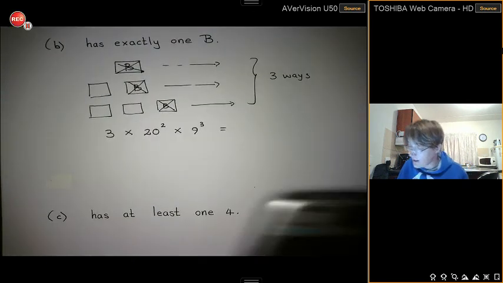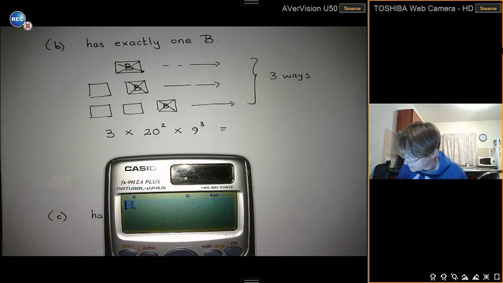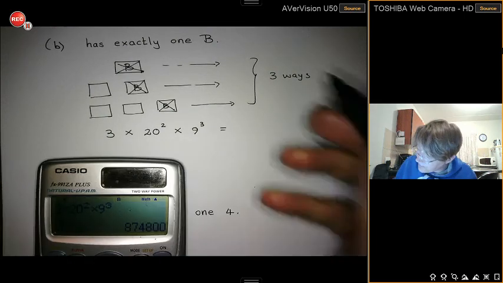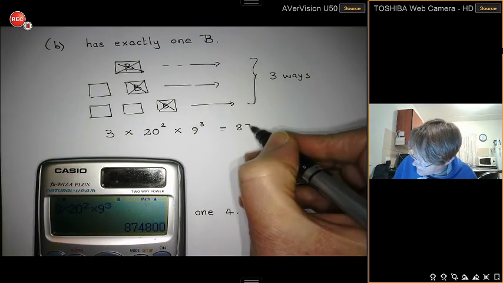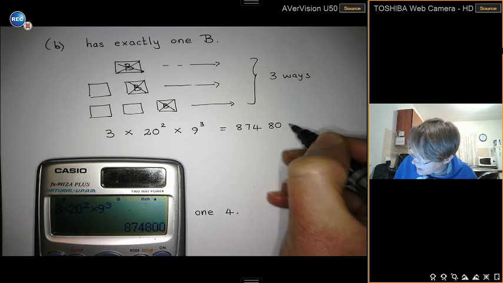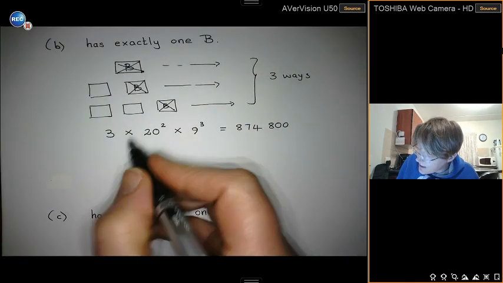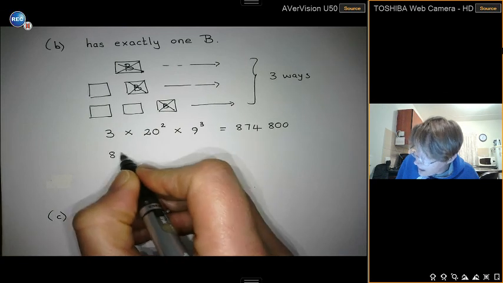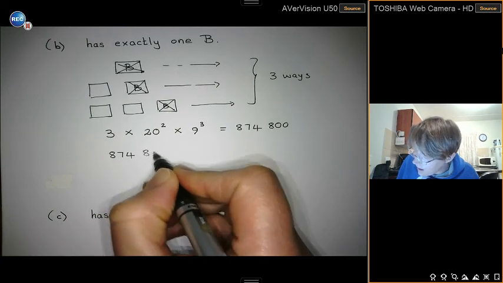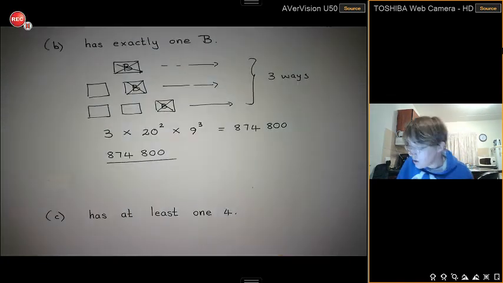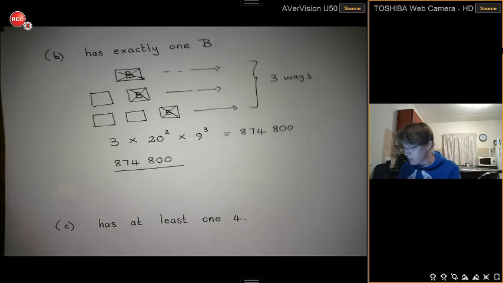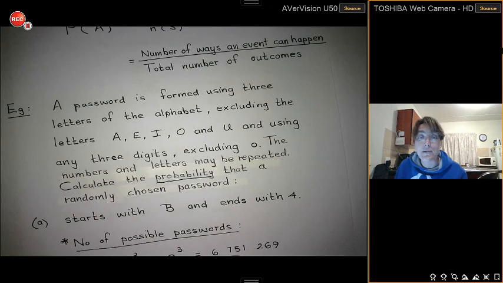So if I calculate that, that's going to be 874,800. And again, because they're asking me for the probability of this happening, I have to place that 874,800 over that 6 million that I calculated previously, 6,751,269.